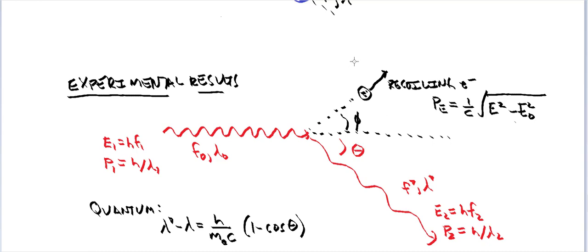So first, I want to point out that the incoming photon, I didn't actually draw this as a photon, so maybe I should take a second pass at this.